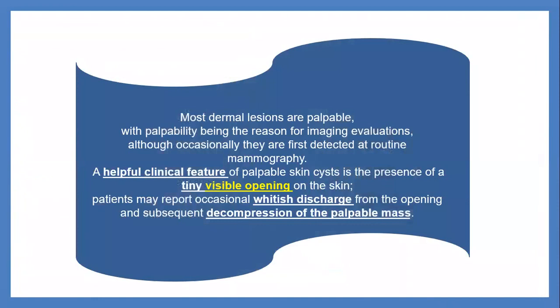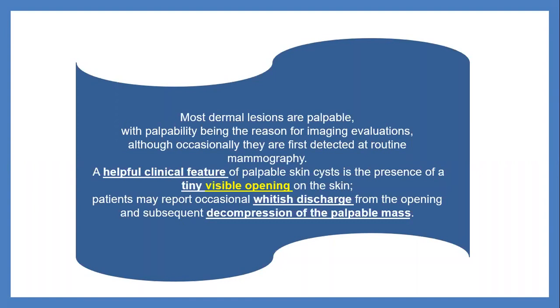Most dermal lesions are palpable, with palpability being the reason for imaging evaluation, although occasionally they are first detected on routine screening mammography. A helpful clinical feature of a palpable skin cyst is the presence of a tiny visible opening on the skin.